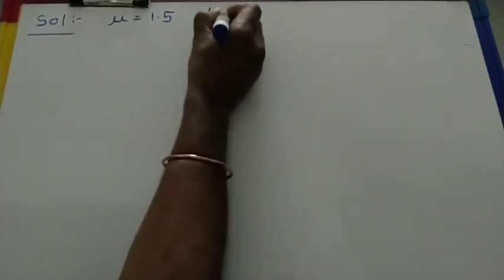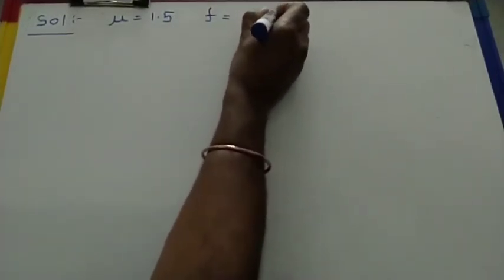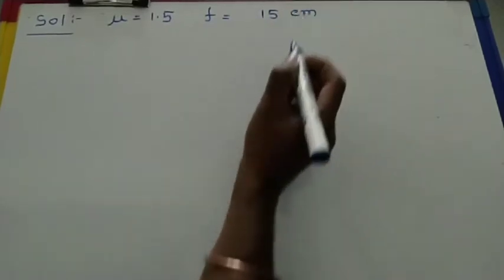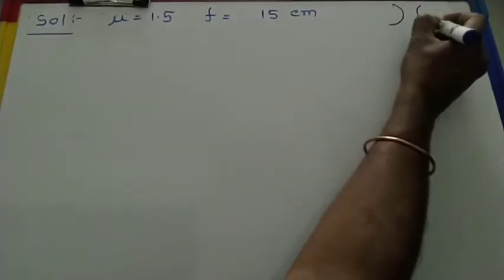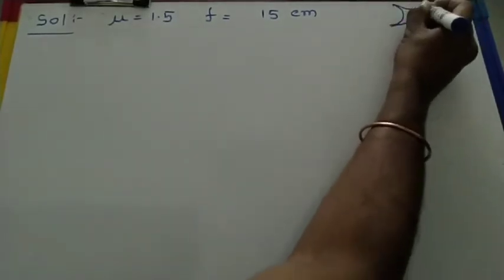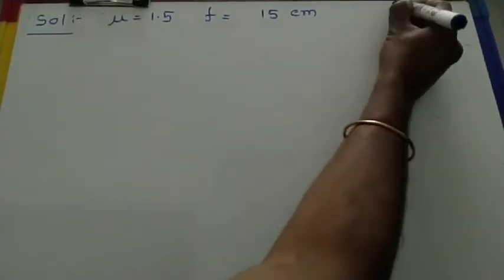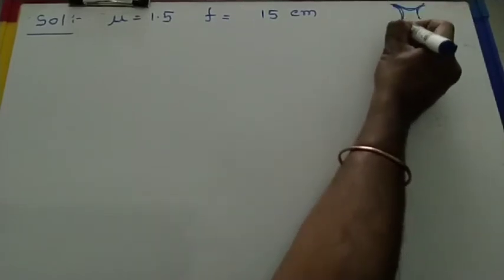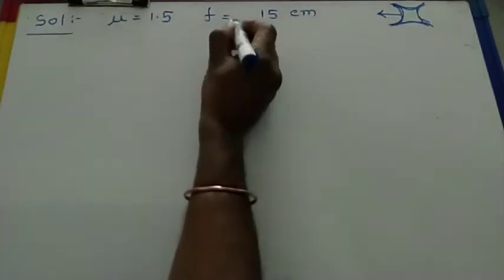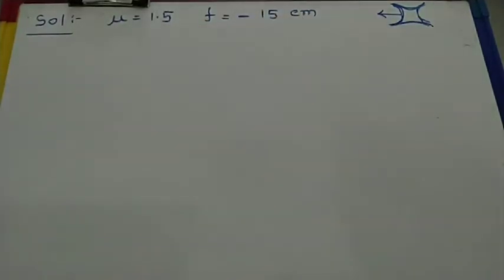Now, solution. Mu is equal to 1.5. f is equal to 15 centimeters. Remember, for a concave lens, where is the focal length? The focal length is on the same side, therefore f is equal to minus 15.